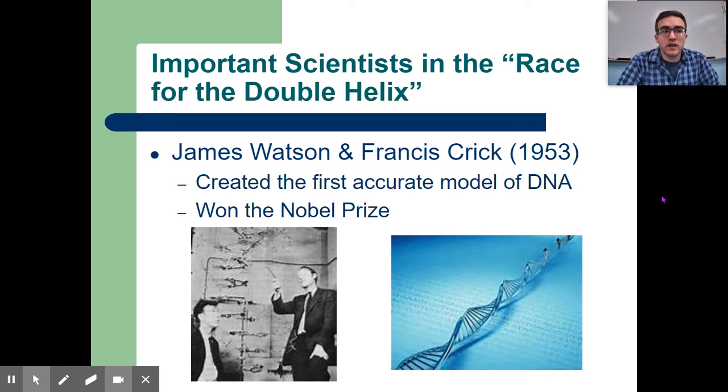Of course, we know there were other scientists at work who contributed to this, Chargaff being one, Pauling being another one, and of course, Franklin. Without Franklin's Photo 51, Watson and Crick would never have found the structure. They would never have pieced it together without that photo. But they did win the Nobel Prize in 1962 for their work on the structure.